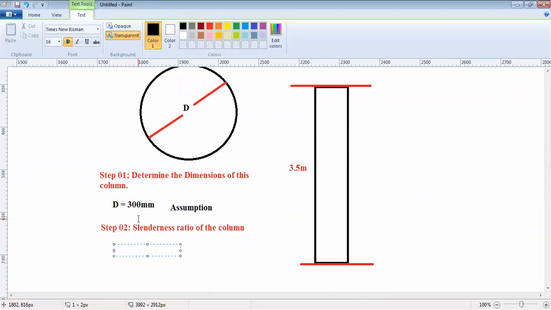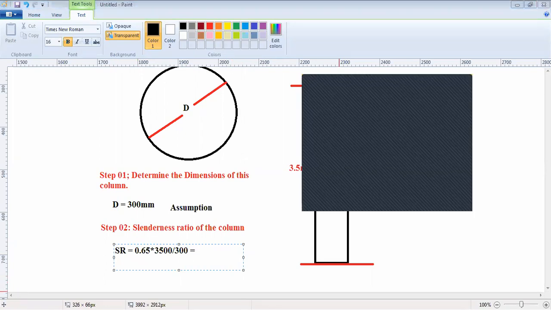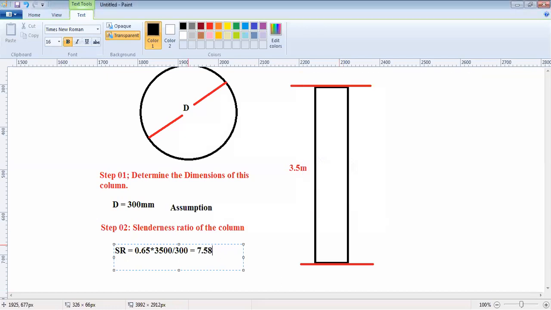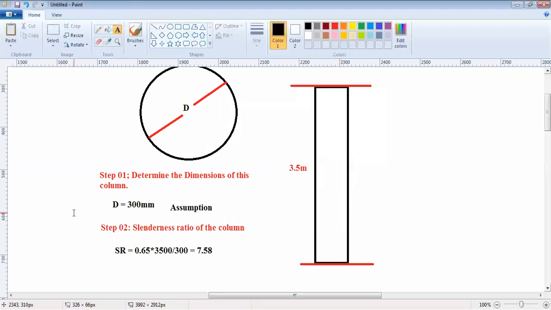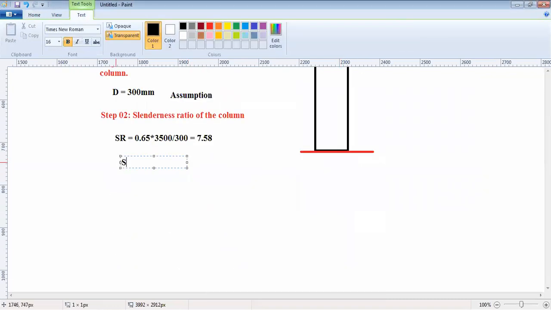Then the slenderness ratio lambda would be 0.65 into 3500 divided by 300, because the least dimension is still 300 in this case. That's 7.58. So it's a short column.